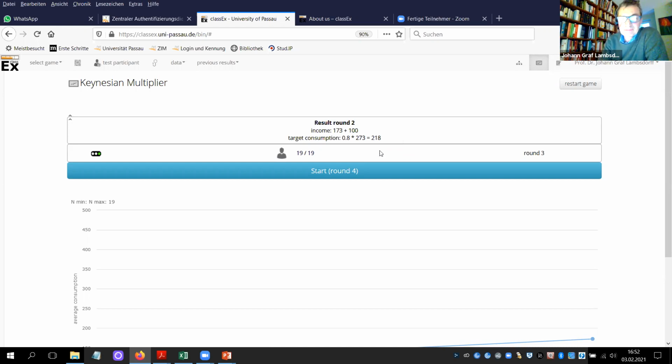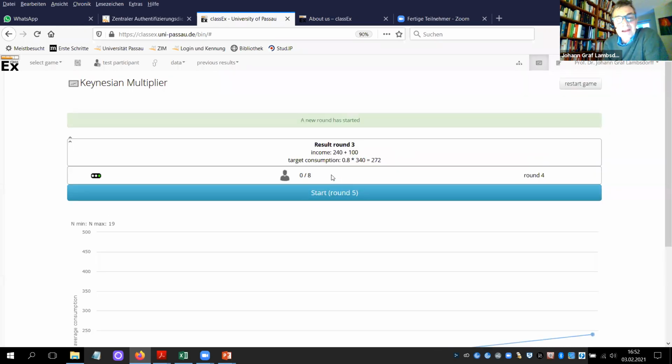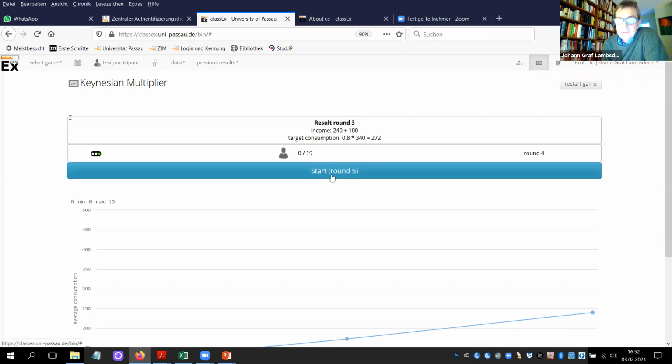Okay, here we're done. So let us see what the result is. This time average consumption was 240, plus the 100 for investment means you all had an income of 340. 80% of that would be 272. So the one of you who came closest to 272 just won €5. Thank you. So please make up your mind and insert your consumption for round 4.